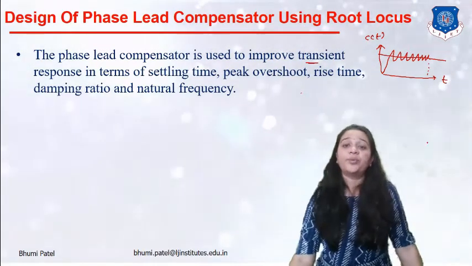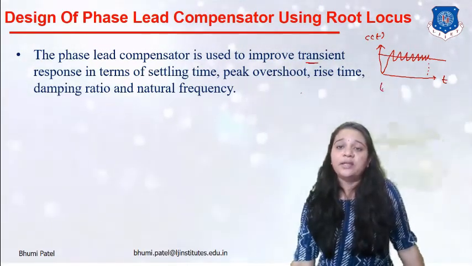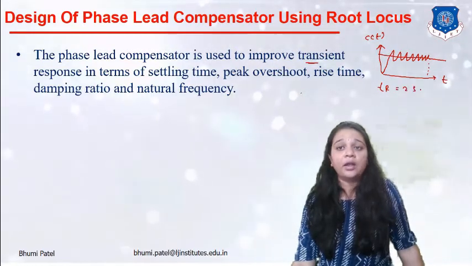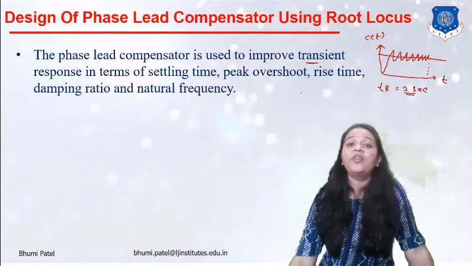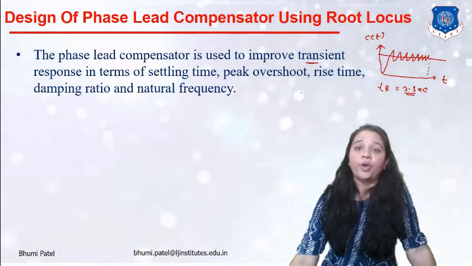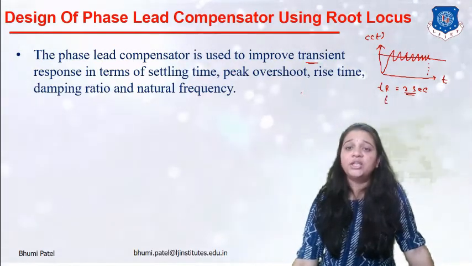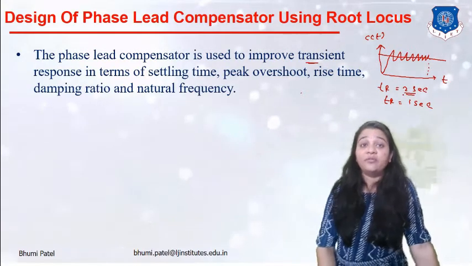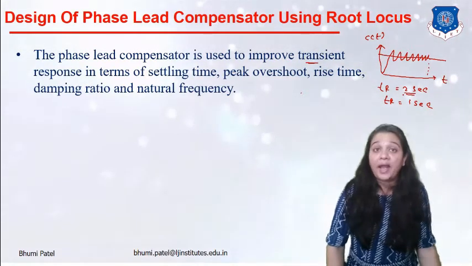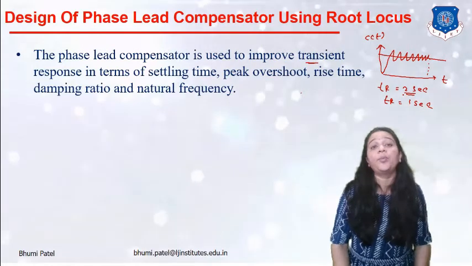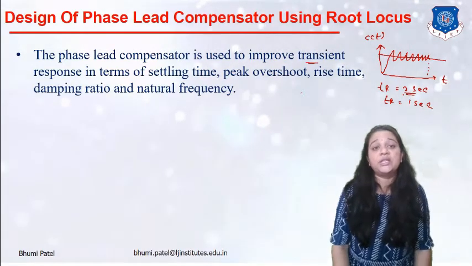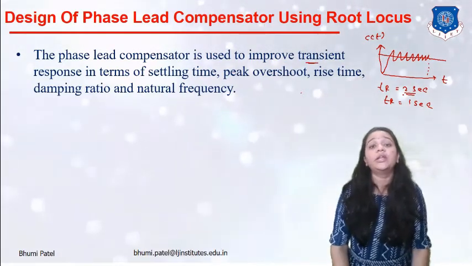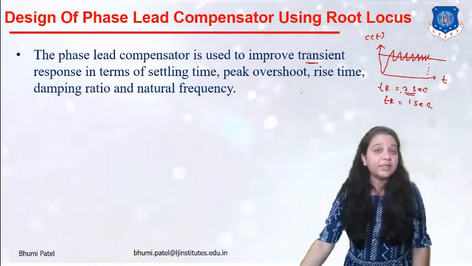For example, suppose the rise time is given as 2 seconds, and for this rise time we cannot get the proper output, so we can change the rise time to, suppose, 1 second using the phase lead compensator. After that, if we get the proper performance of the system, this is called the compensation of this system.